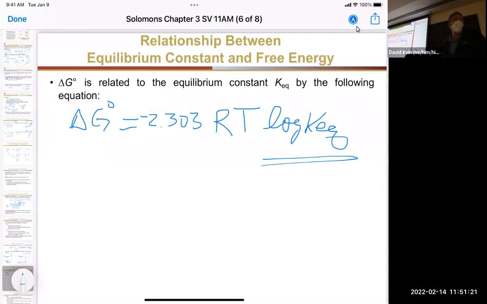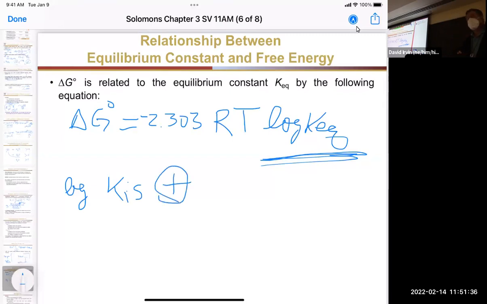Again, if we think about the log of our equilibrium constant, if it's positive, we're going to end up with a negative sign here, meaning that you have a negative Gibbs free energy, and it means energy is released.